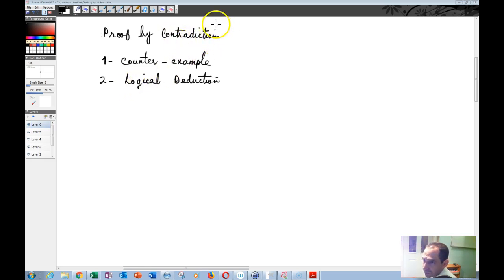Meaning that in proof by contradiction, what we do is that intentionally we create some sort of contradiction in the process of proving, and then from that contradiction we come to the conclusion that we want to come to. Okay, so now if you didn't understand what I said, let me give you an example to make it clear.